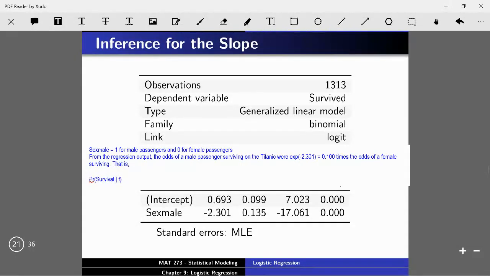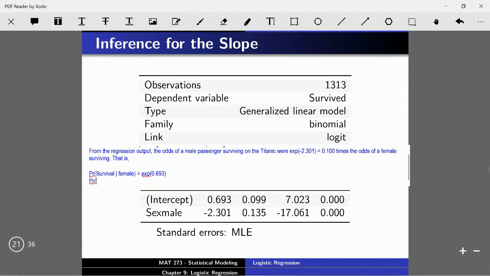Probability of survival given that someone was a female equals, times 3, and then the probability of survival given male equals.